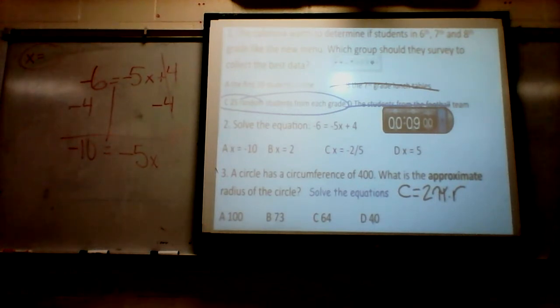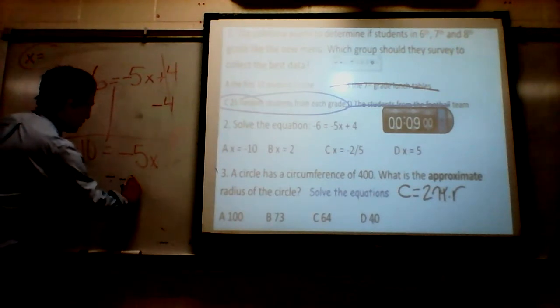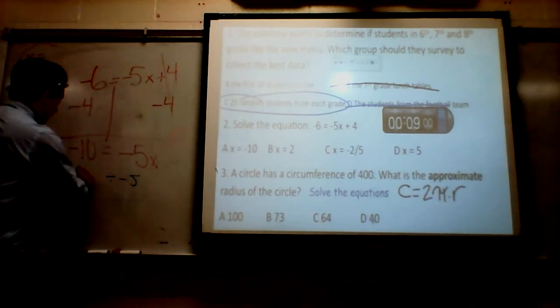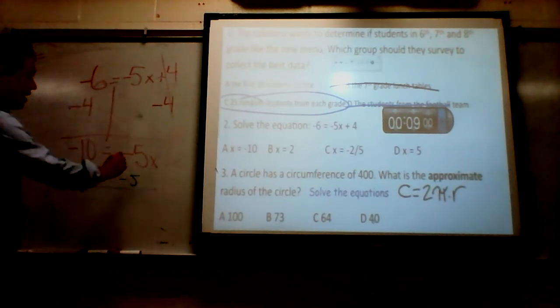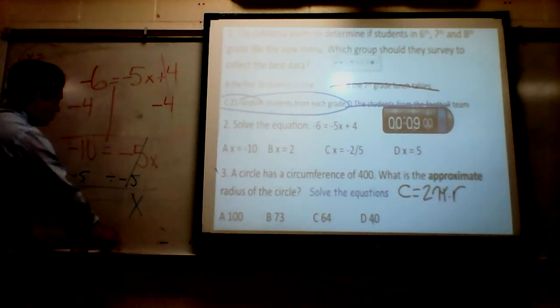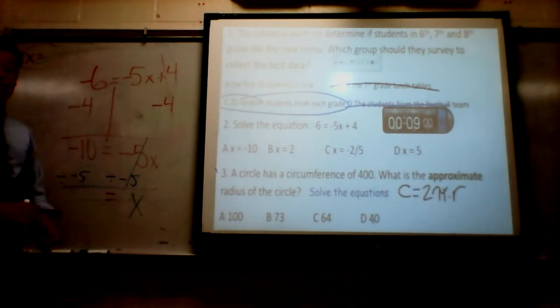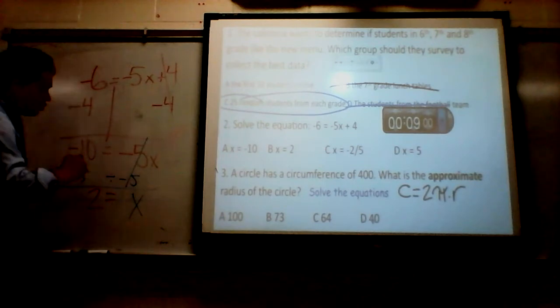Again, we need to get the variable by itself. So we are going to use the opposite operation and divide each side by -5. A -5 divided by a -5 cancels out, and we have x. Again, using your calculator, -10 divided by -5 gives you +2.